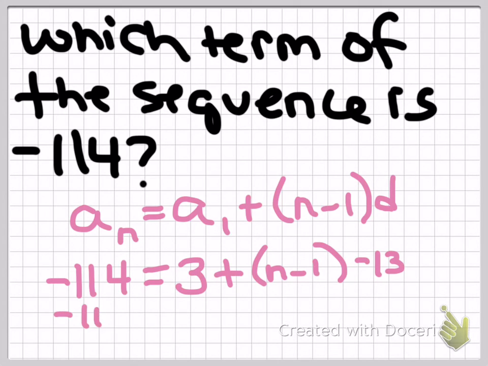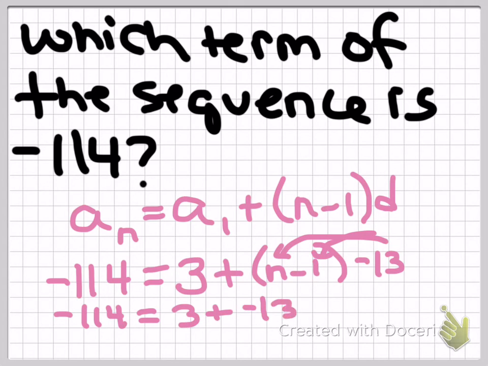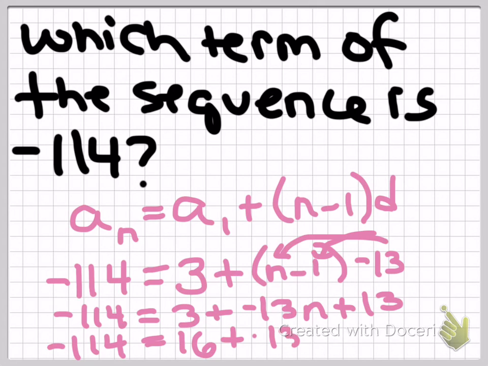So I get negative 114, and then again I'm going to distribute. So 3 plus negative 13n plus 13. Then I'm going to combine like terms on the same side, so that's 16 plus negative 13n. Then I want to combine like terms across the equal sign, so I'm going to subtract the 16.